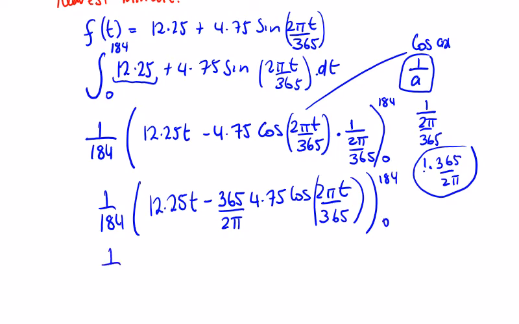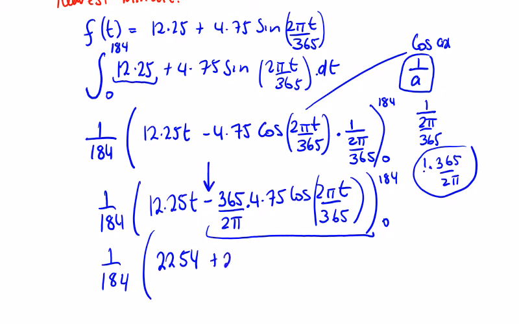Putting 184 in first, 12.25 by 184 is 2254. For the cos, use your AB function on the calculator: 2 by pi by 184, then multiply by 4.75 by 365 and divide by 2 pi. You get minus 275.84, but this minus makes it a plus, so plus 275.84.